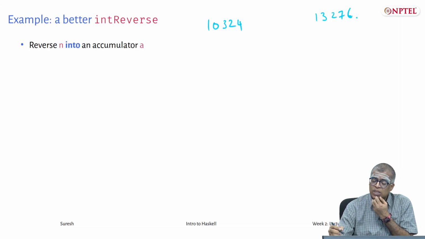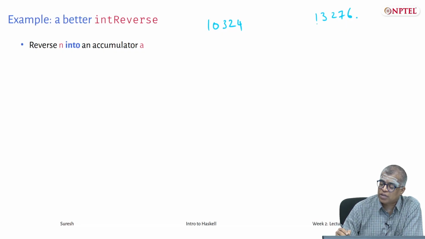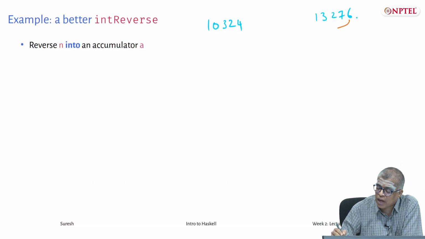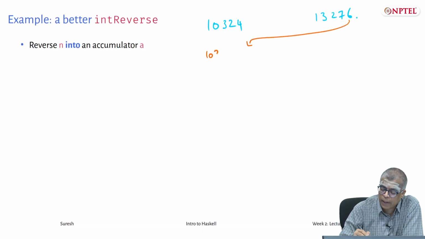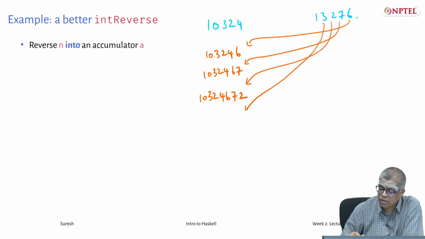What I can try to do is, I can one by one add each digit at the end of this number to the right of this accumulator. So I can first put this here, and then I can put this here. Then I put this 2 here. Then I put this 3 here.